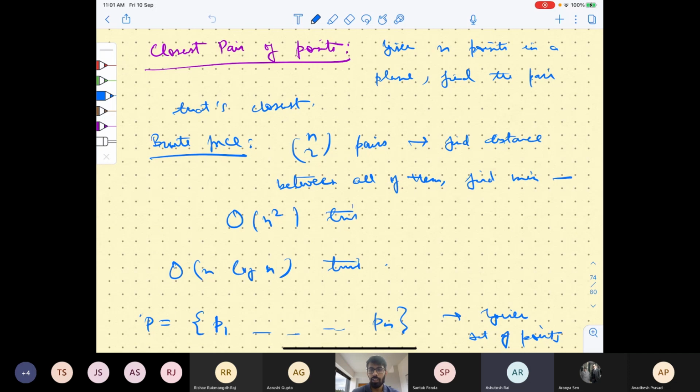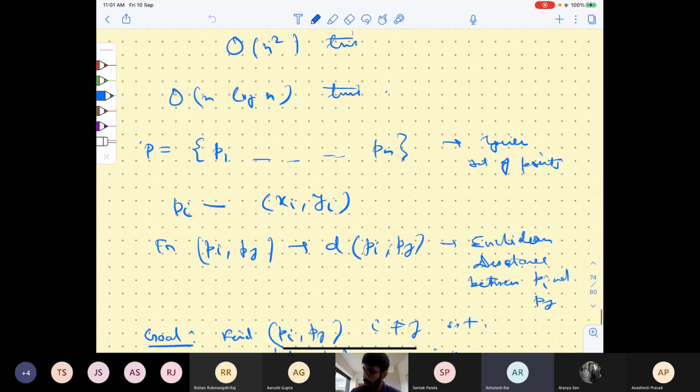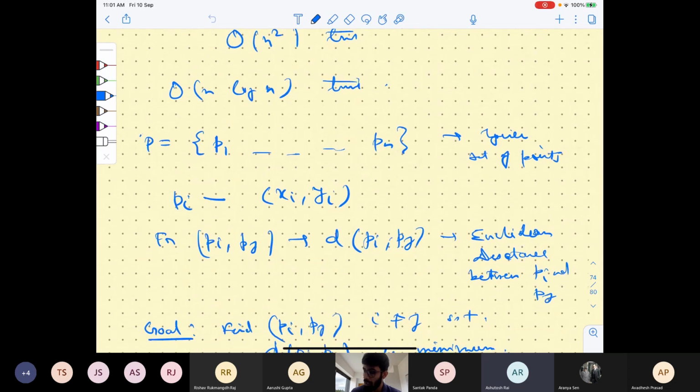Okay, so yesterday I had defined this problem called closest pair of points, and today we are going to look at an algorithm for that. I'll quickly repeat what I said yesterday: brute force will take order n square time, and we want an order n log n time algorithm. The points are given as p1 to pn, and the coordinates of a point pi are xi comma yi.